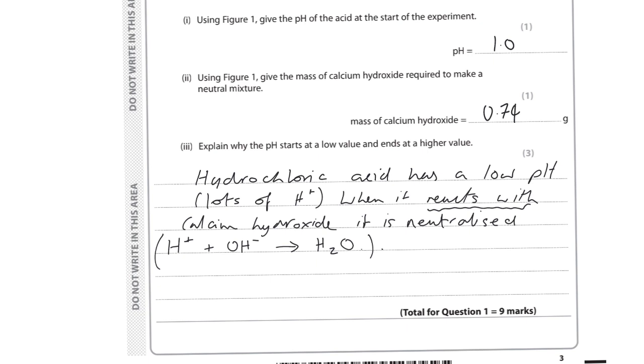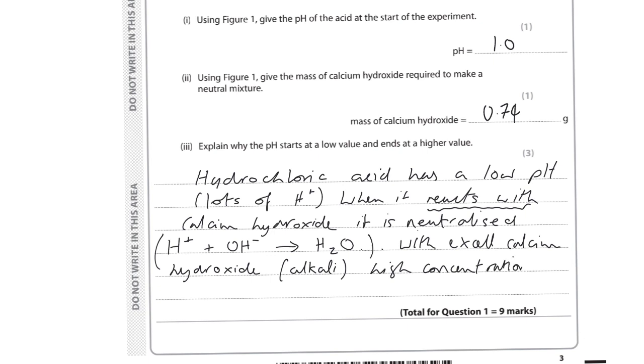So you then need to say with excess calcium hydroxide, which is an alkali, a high concentration of OH minus, so a high pH at the end. And you need to say those three separate things.